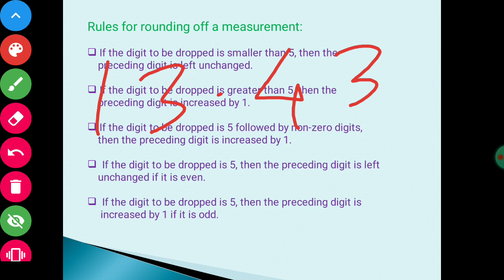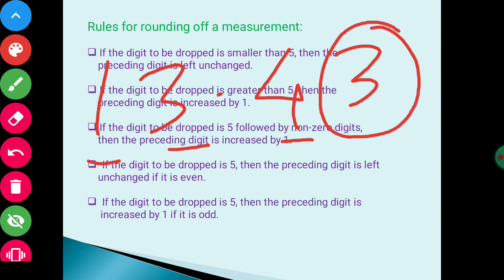You want to round off that number up to 3 places only: 1, 3 and 4. So you have to drop the last digit, and if the digit that you want to drop is smaller than 5, here 3 is smaller than 5, then the preceding digit, which is 4, is left unchanged. There is no change in the preceding digit if the digit that you want to drop is less than 5.